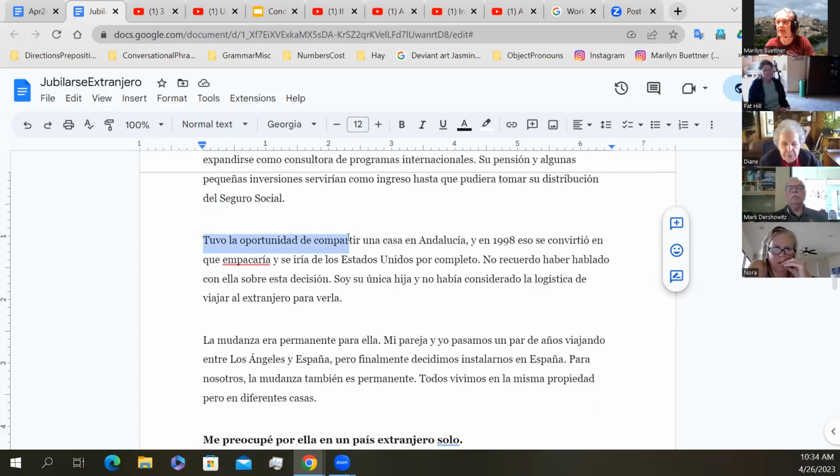So know that oportunidad does mean opportunity, but a lot of times we use it in the sense that we would use chance in English to share a house in Andalucía. Okay. And convertirse, become. So we put it in past, it means became, right?